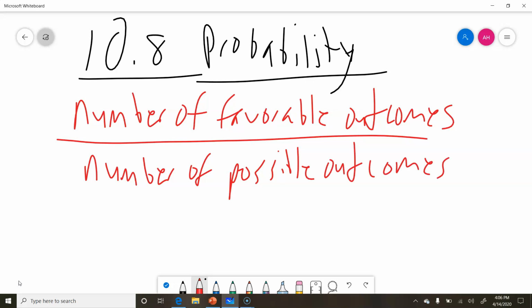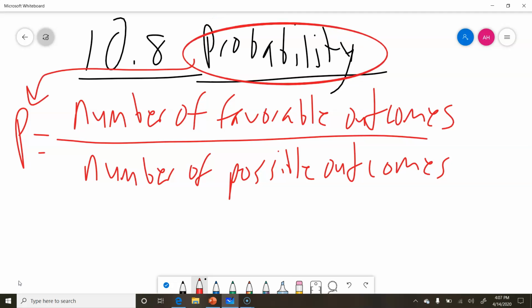Okay? So that's pretty easy. That's what I'm going to put P equals, P standing for probability. Okay?